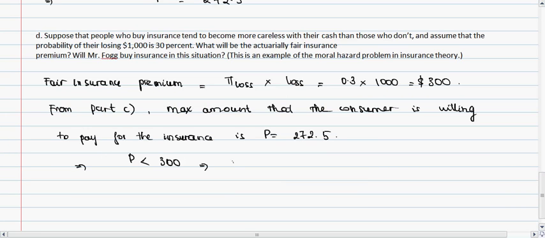So when the premium is equal to 300, the consumer will not buy the insurance.